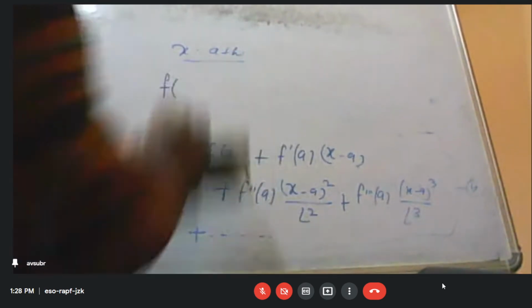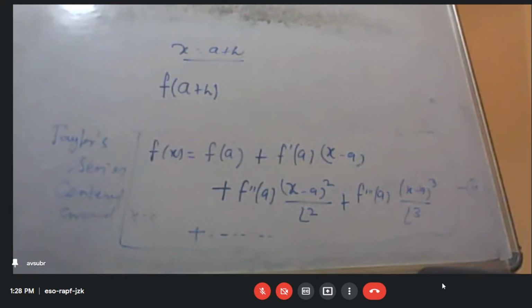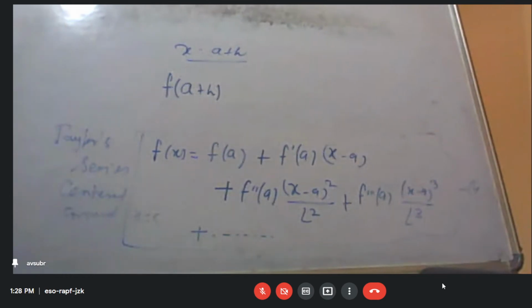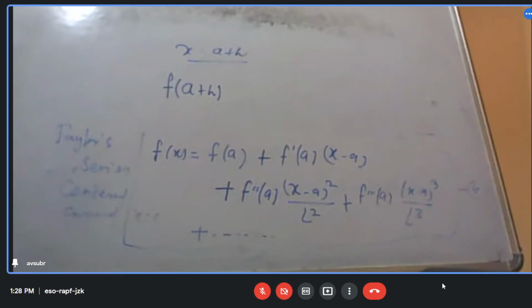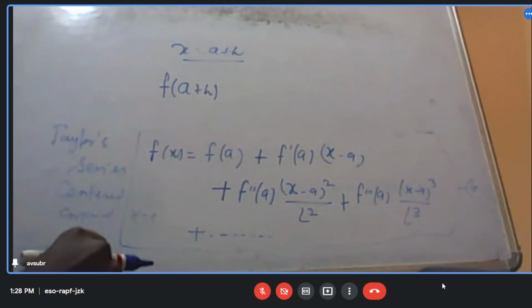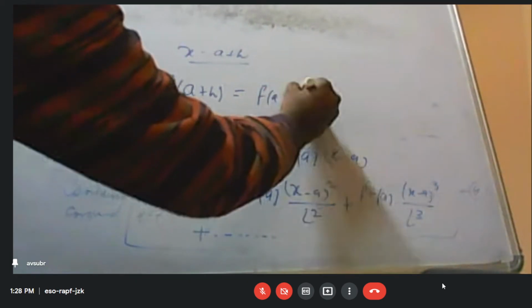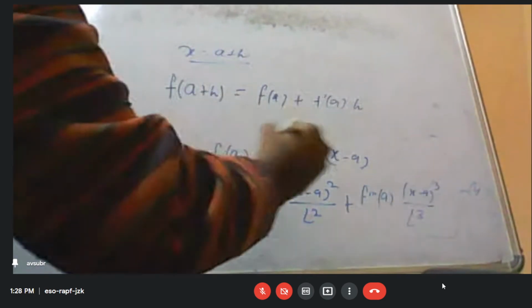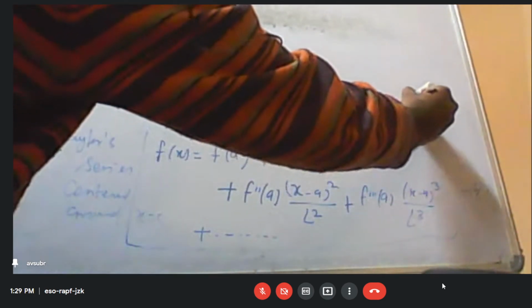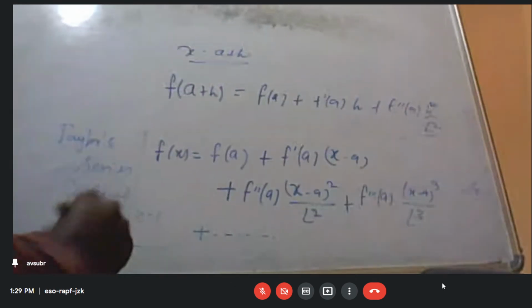That will be f of a plus f dash a into h plus f double dash a into h square by 2 factorial. Wonderful.